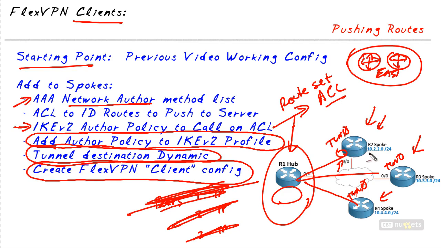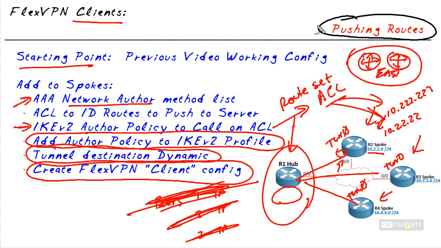So if R2 has the 10.2.2 subnet and the 10.22.22 subnet and the 10.222.222 subnet and so forth, we can identify all of those inside of an access control list, and then in our authorization policy, we can say, okay, regarding these routes, I want you to push these routes up to the FlexVPN server so he knows about them. So it's a way to communicate routes between peers without even having to use a routing protocol. And that's how these pieces interact with each other.